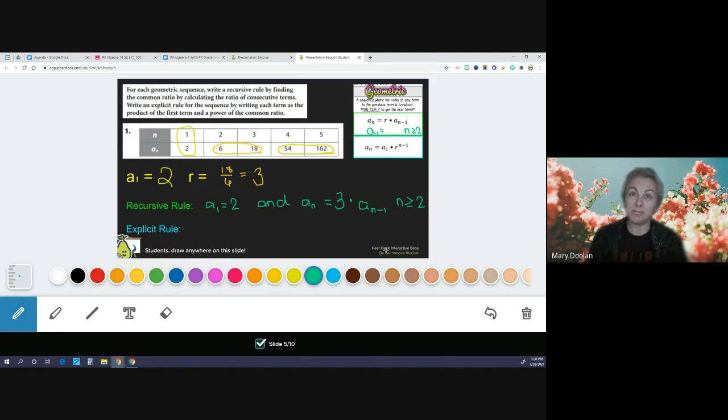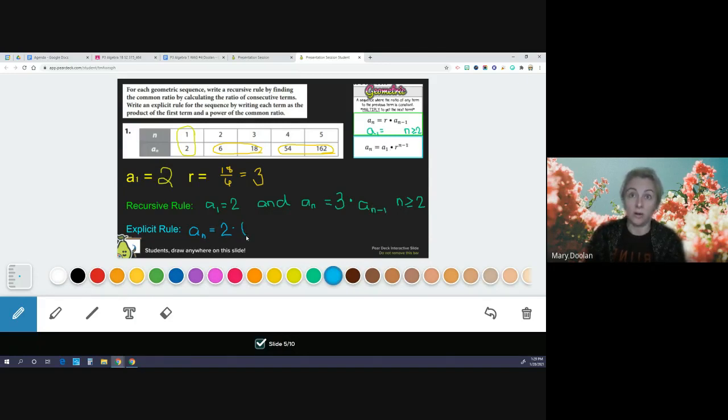Okay, we're going to do the explicit rule now. We've done this one. This is the one we were doing on Monday. So that's this rule here. And we're going to come over here and do a sub n is equal to, well, a sub 1, we know it's the number 2, times r to the power of n minus 1.